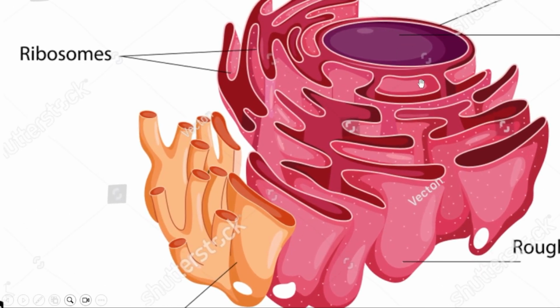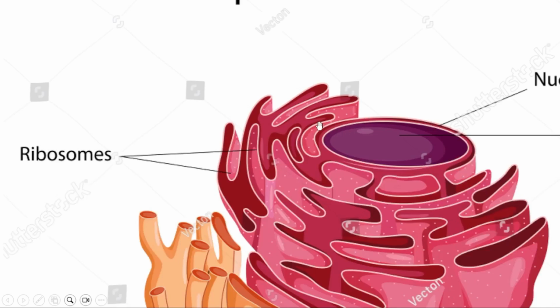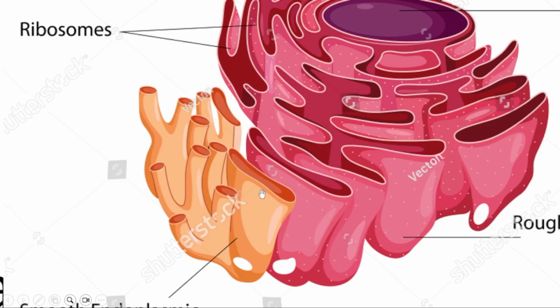See, this is the nucleus, and this one is the rough endoplasmic reticulum, because the ribosomes are attached on its surface. That's why it is said to be rough. See here, there are no ribosomes attached to it. That's why it is said to be a smooth one. This is rough, this is smooth. I hope everything is clear.